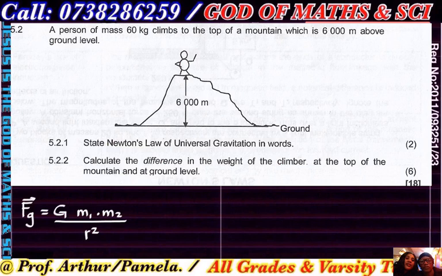Scenario number 1: I'm going to use a white dot to represent a person, not on top of the mountain. That's why I don't like that R, because it makes people think it's a radius. It's not the radius, it's a distance between them. So I'm going to put a D squared there.